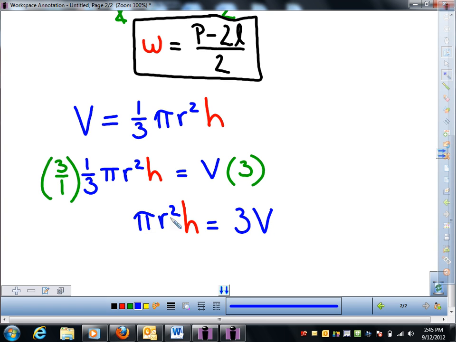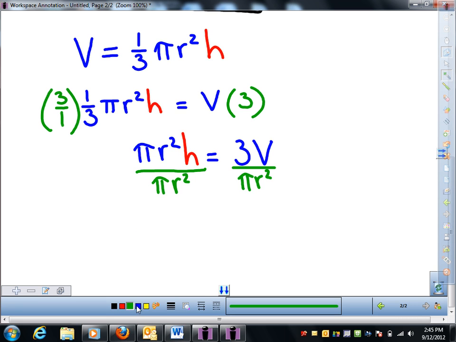Well, this is just a multiplication problem now, and the reverse of a multiplication problem is to divide. Remember, pi is a number. It's the ratio of a circumference of a circle to its diameter, often referred to just as 3.14, but that's just a number. So I'm going to divide this side by pi and by r squared, the radius squared. I'll do the same thing on this side. I'll divide both sides by the same thing to keep it balanced.